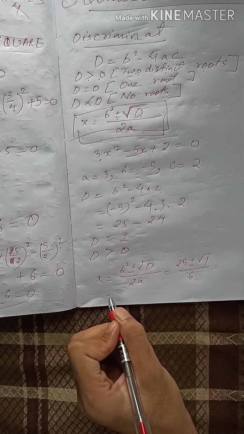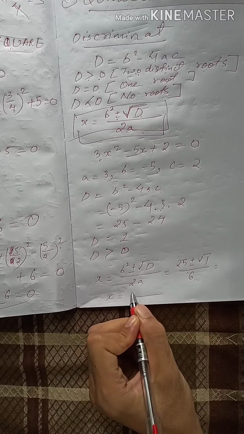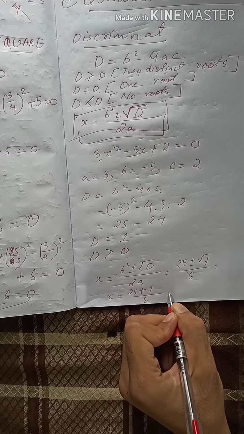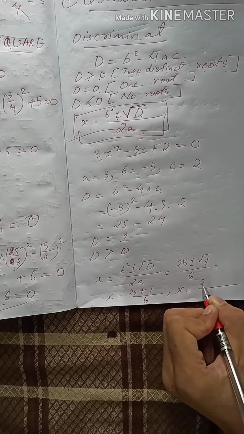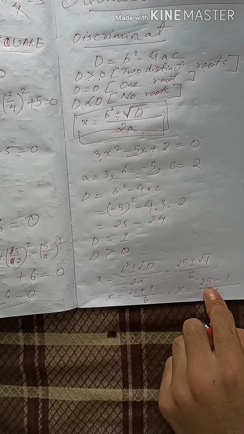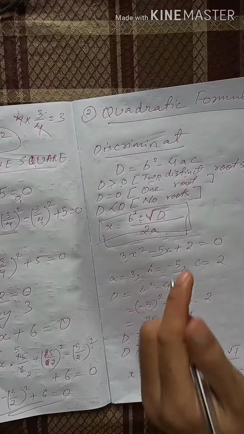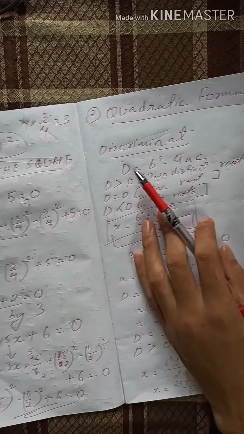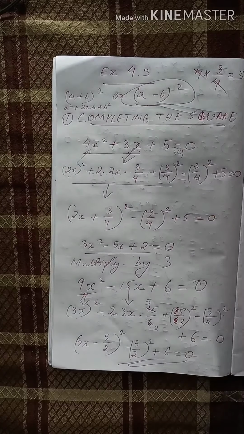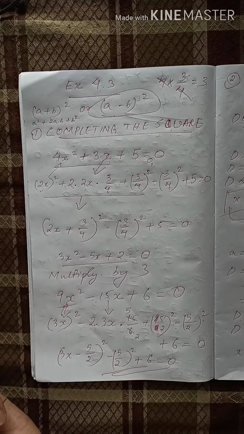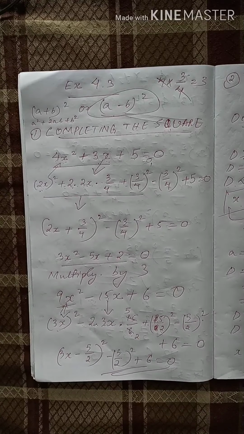So we get two distinct roots. One will be 5 plus square root of 1 by 6, and the other will be 5 minus 1 by 6. So these are the two distinct roots. That's how we apply the quadratic formula to find the roots of a quadratic equation. And you know the completing the square method also. It's a little bit complicated, but once you start doing the sums, then it becomes easier.